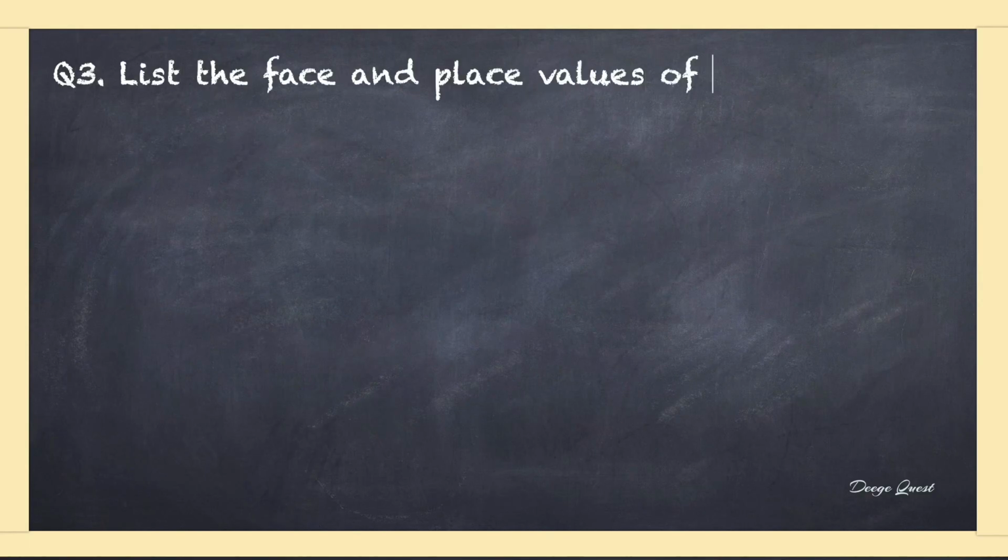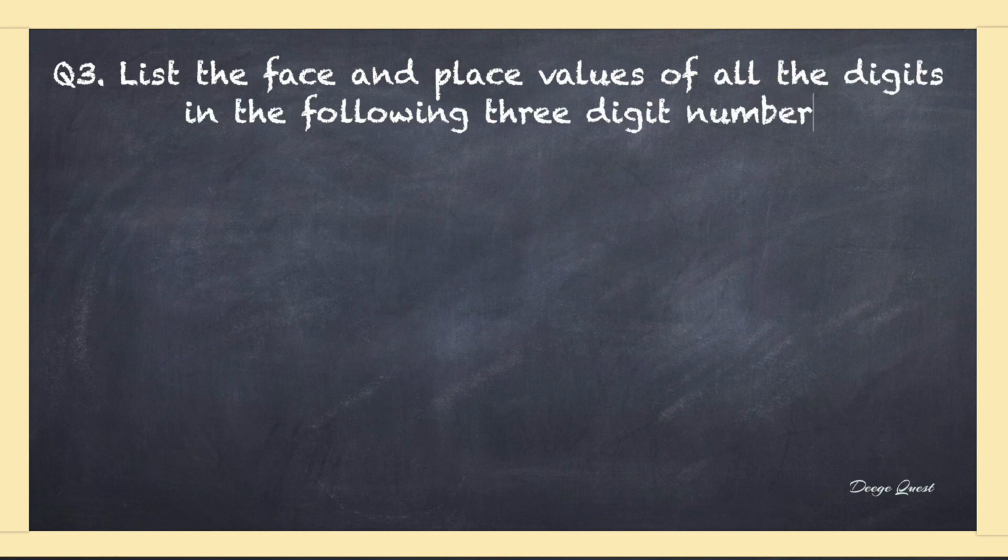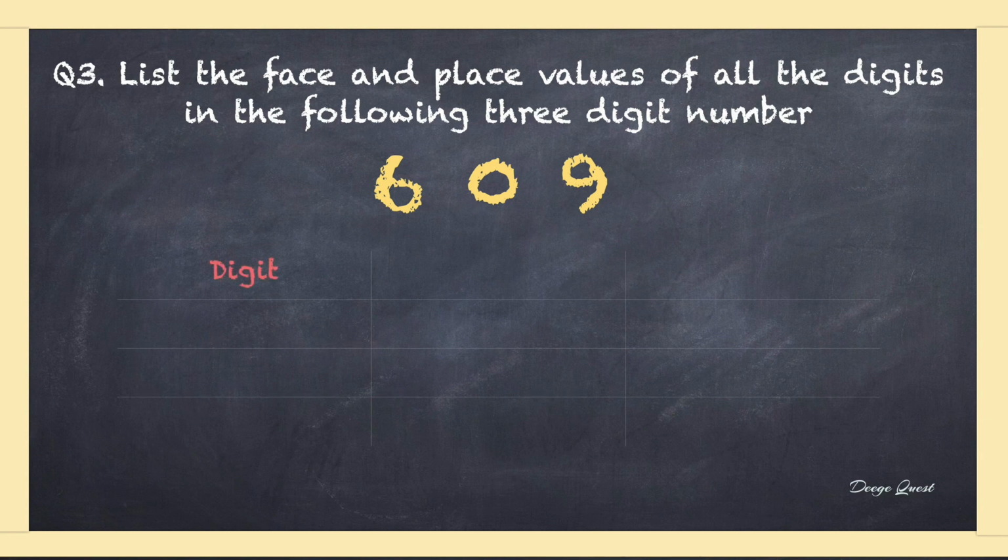List the face and place values of all the digits in the following 3-digit number. 609. We need to find the face value and place value for all the digits. Let us start from the left.